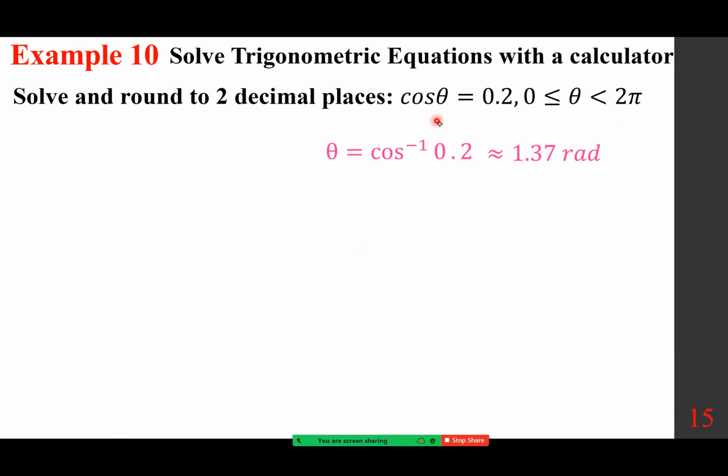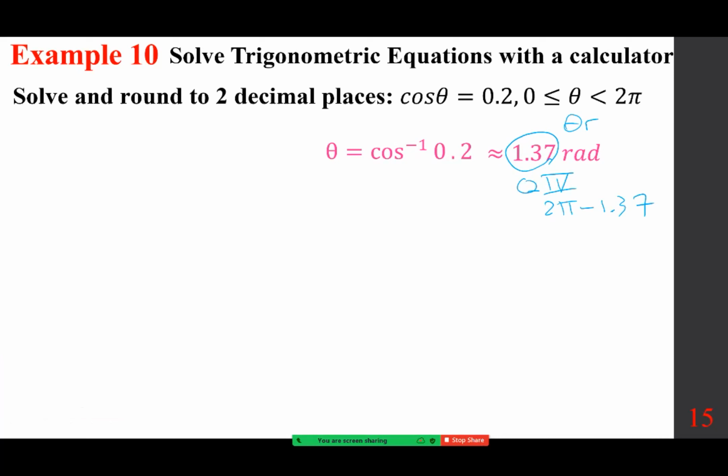But remember, cosine is positive in the first quadrant and the fourth quadrant. And because this is the first quadrant, you can treat that as the reference arc. So in the fourth quadrant would be 2 pi minus this value. And there you have it.